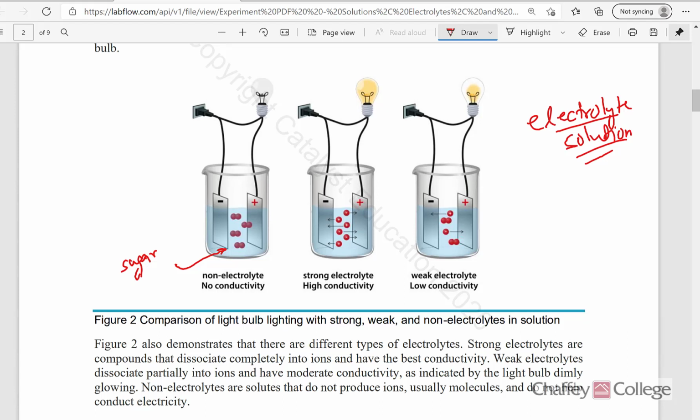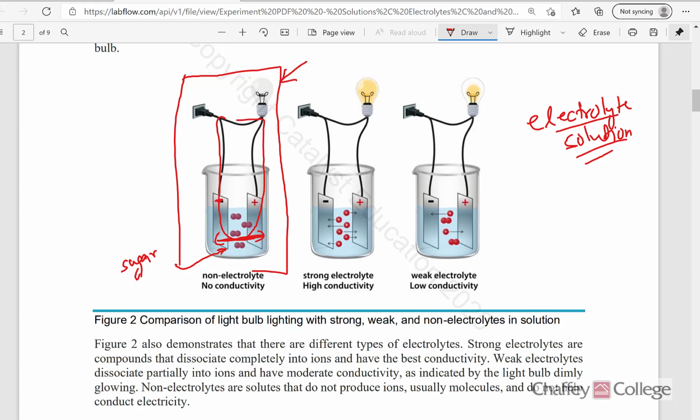And if we create a circuit something like this one, because the positive terminal is separated from the negative terminal, and there is no connection between them, the electric circuit does not complete. Therefore, the electric bulb does not glow.